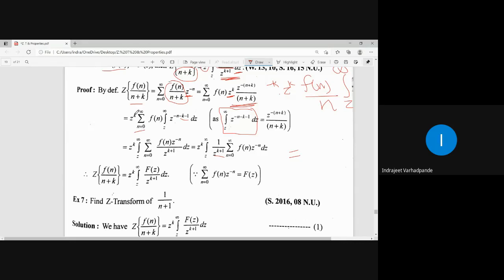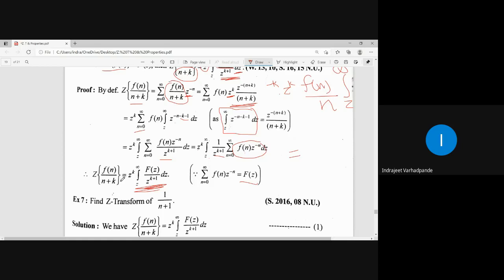So keep the integral aside, the k+1 term in the denominator, and take it outside the summation. What will remain in the summation? f of n into z to the power minus n. What is this? f of z. So it is giving you z to the power k integral from z to infinity of f of z upon z to the power k+1 dz. So this is how we get the RHS for the given statement of the property.